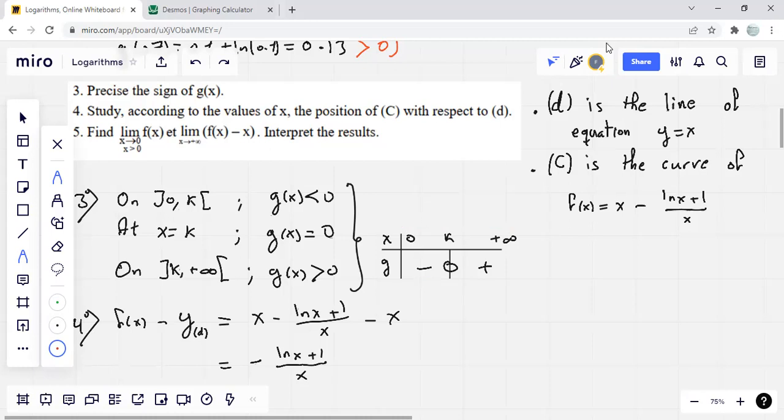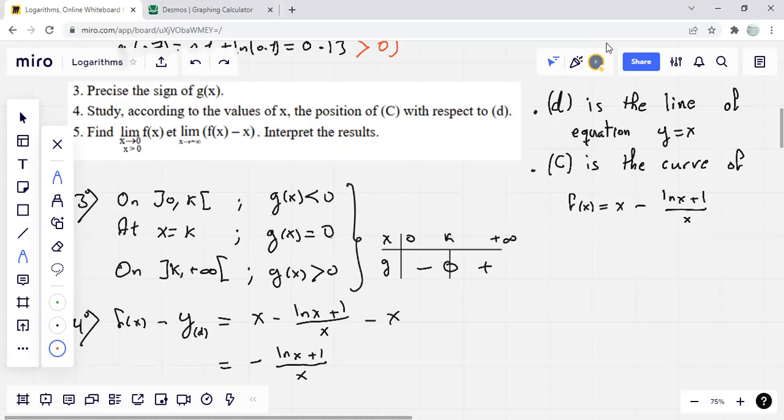Okay, now for part 4, they asked us to study, according to the values of x, the position of c with respect to d. D is the line of equation y equal x, as we can see here, written in the question. And c is the curve of equation f of x equal this function.